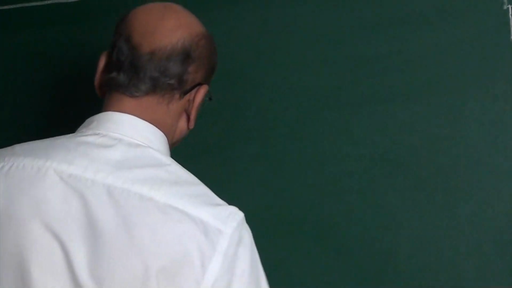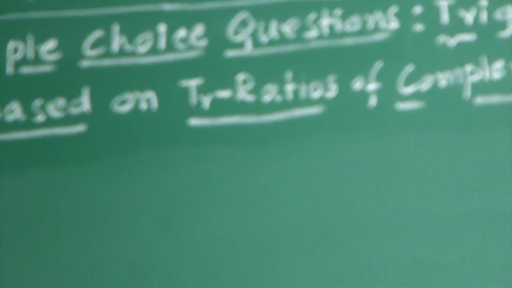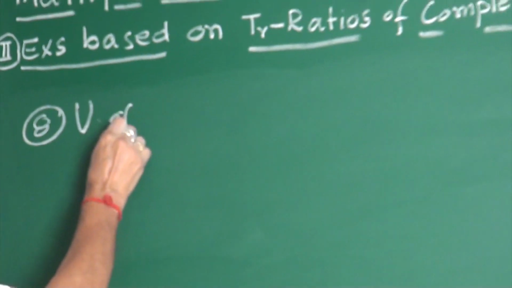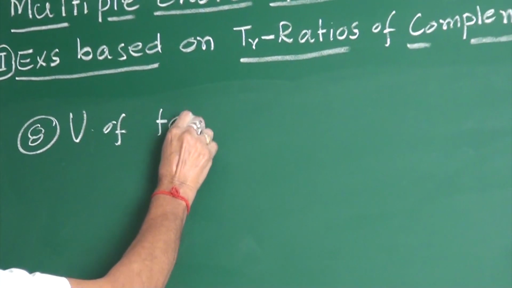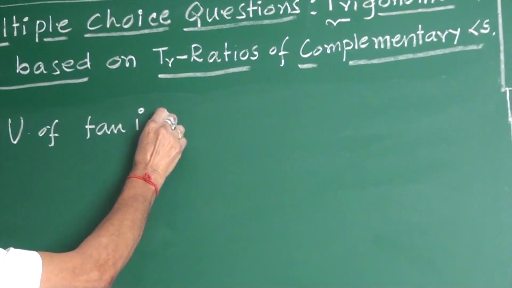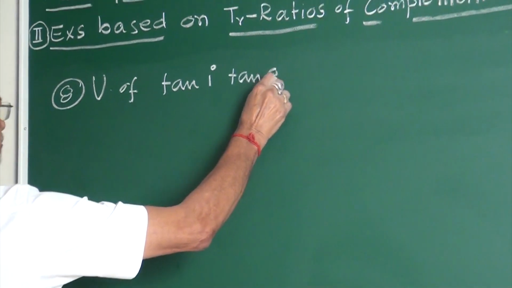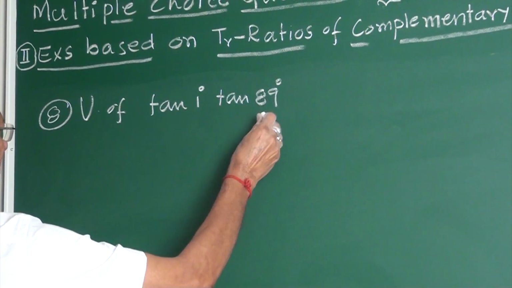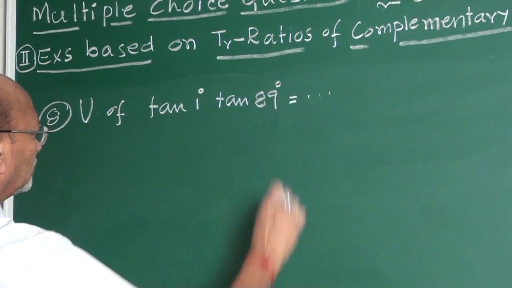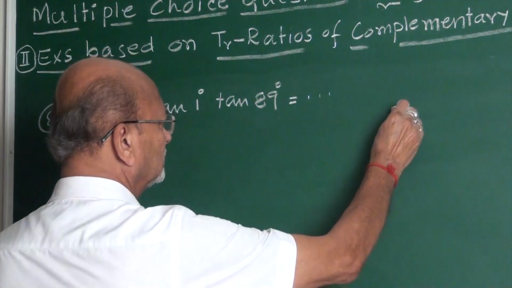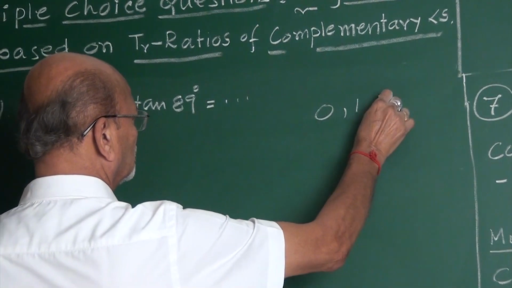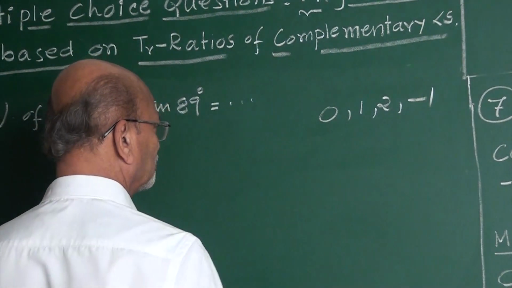Yes, this is the 7th example. Now it is 8. Now the value of tan 1 degree into tan 89 degrees equal to dash. Options 0, 1, 2, minus 1.